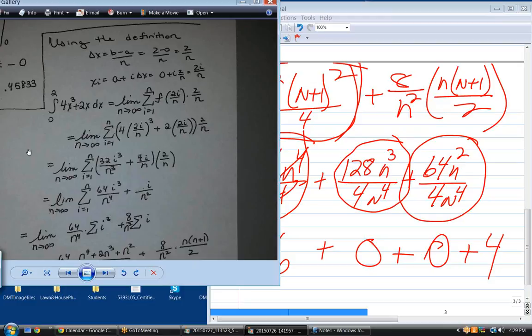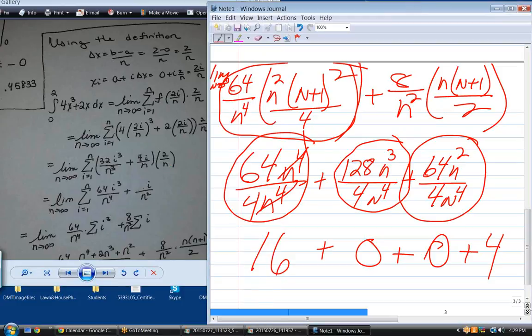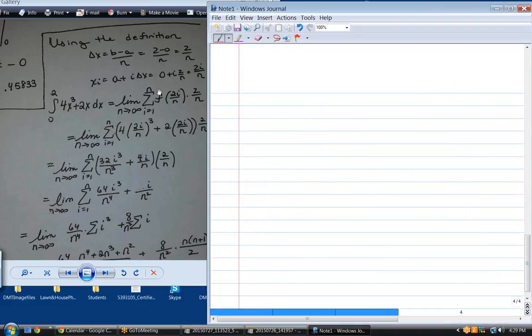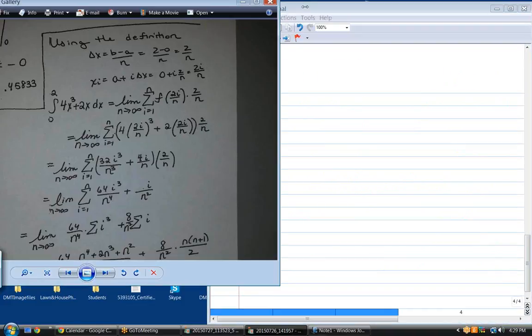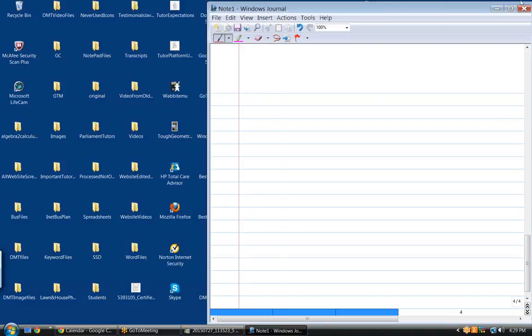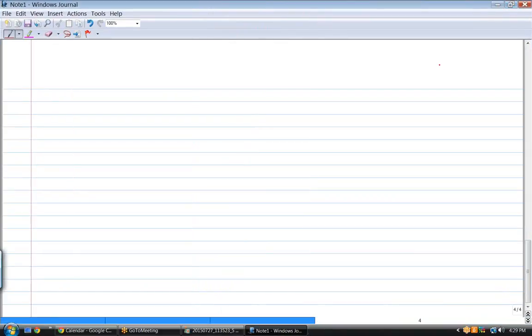Okay, so we now know that this sigma limit definition is the same as long as you use right hand endpoint. Well, we're not really going to prove that any point works, but we're going to prove that left hand endpoint gives you the same number as right hand endpoint.